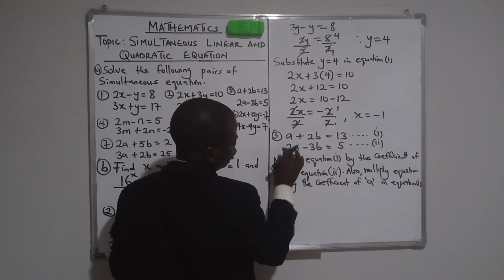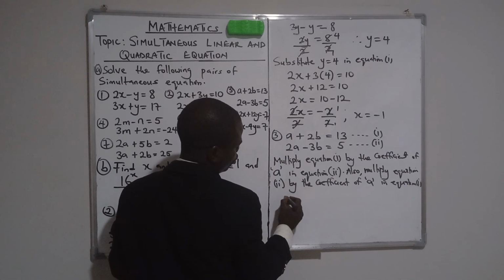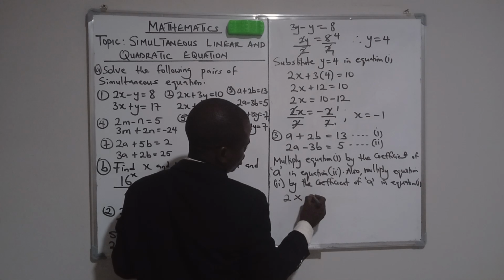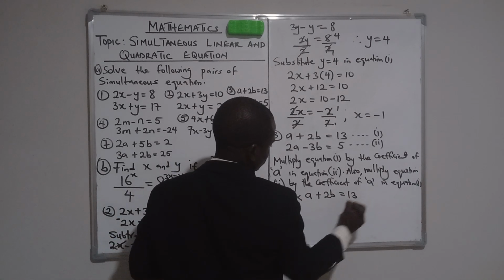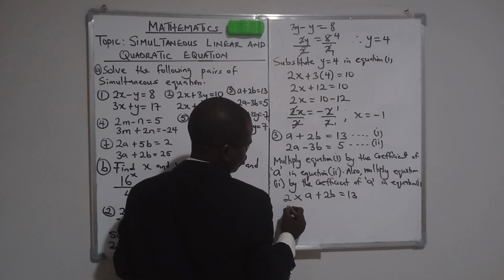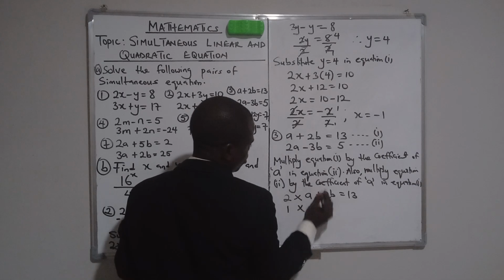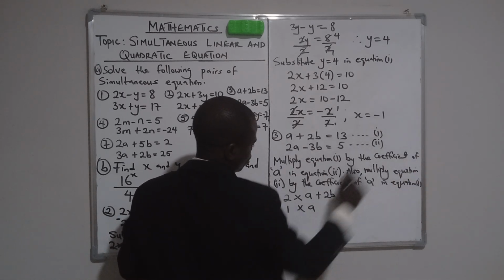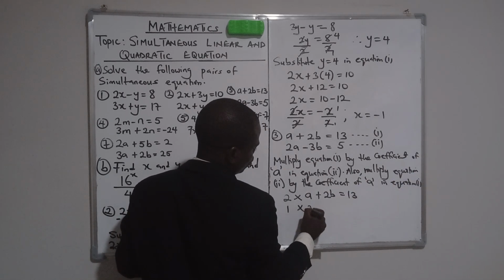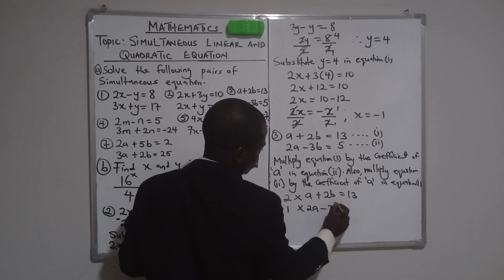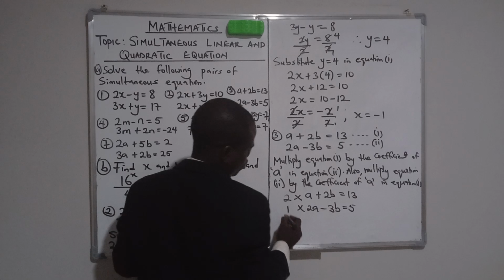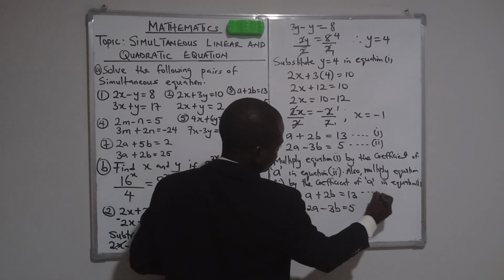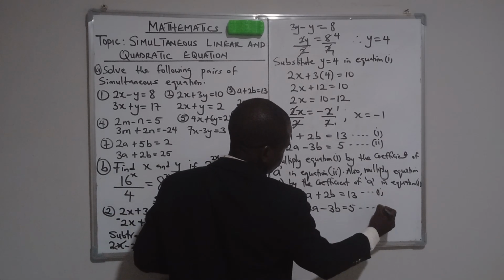The coefficient of a in equation 2 is 2. 2 times a plus 2b equals 13. And we're having 1 times a, there's 1 here, used to multiply equation 2 throughout. 1 times 2a minus 3b equals 5. When you do that, you see our equation 1, our equation 2.